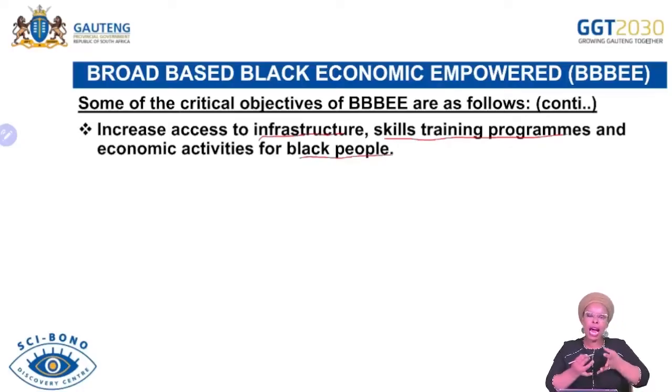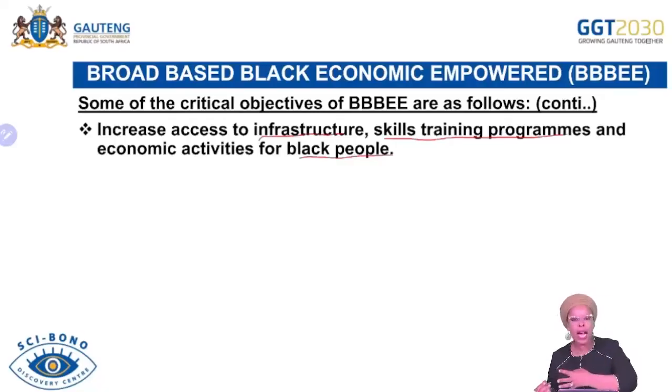And they were allocated land in remote areas which are rural and even poor. So as a result, BEE also is aiming at providing infrastructure to those people who are located where? In the very, very rural areas which lack infrastructure.